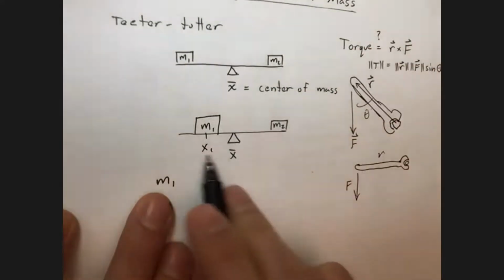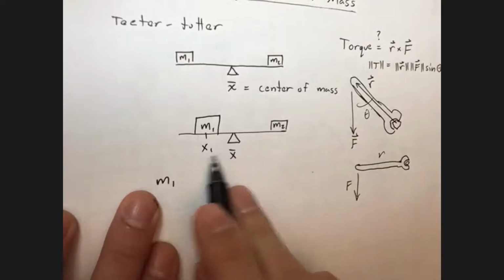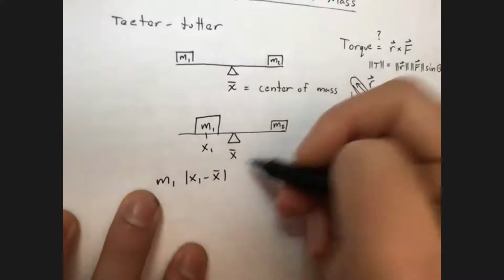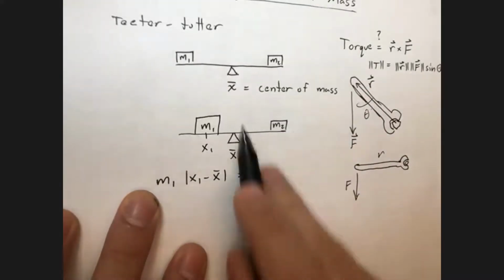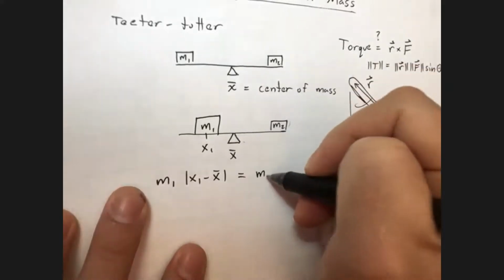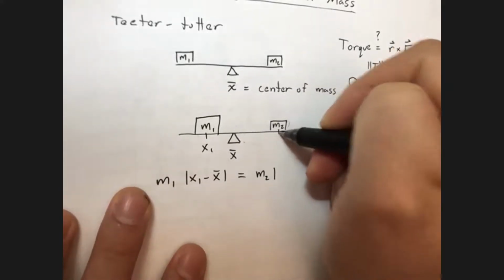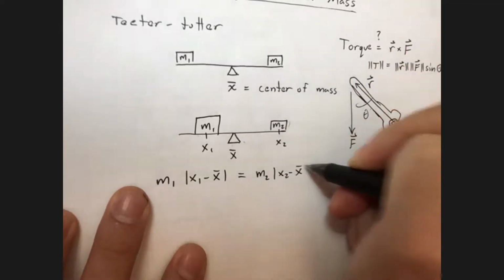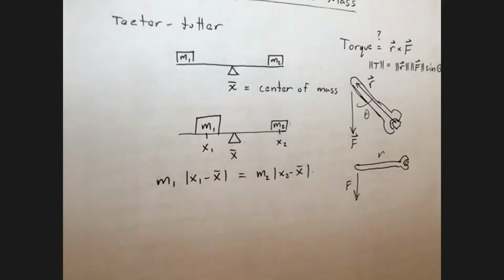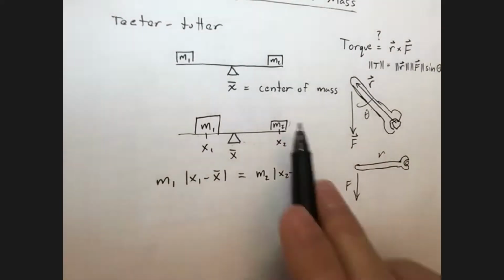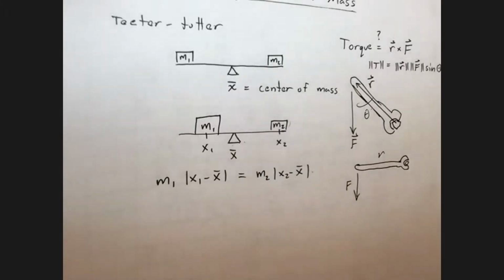We need this mass 1 times this distance, that's absolute value x1 minus x bar, to be the same as basically the torque of this kid. So that's going to be m2 times his distance, the distance between x2 and x bar. If these two sides are equal, then the teeter-totter will be balanced because they are exerting the same torque on the system.